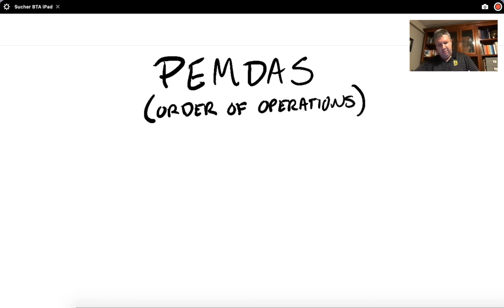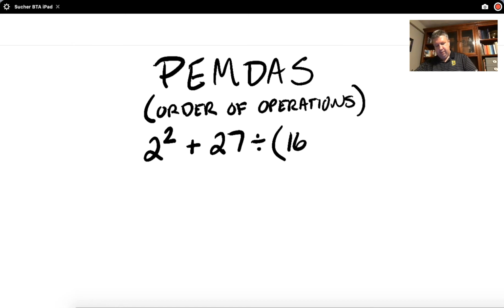So if we have a problem like this, we know what order to do things in order to get the correct answer for the way this problem is set up.